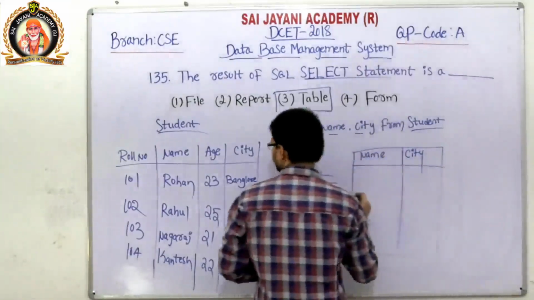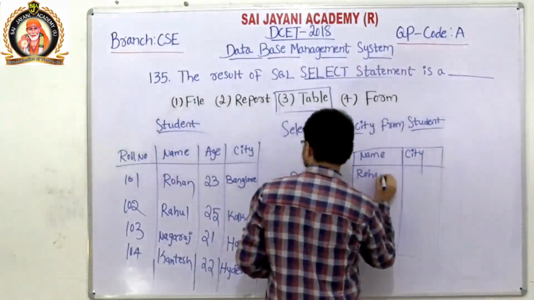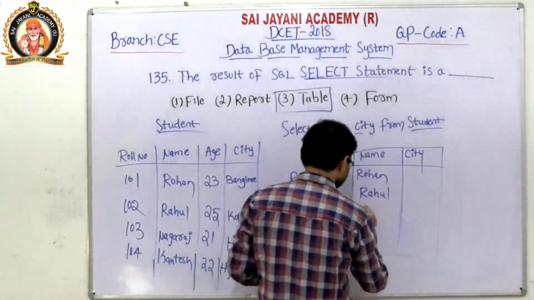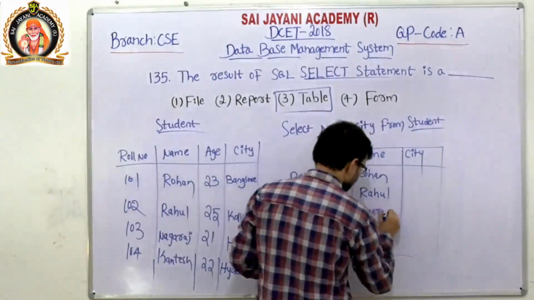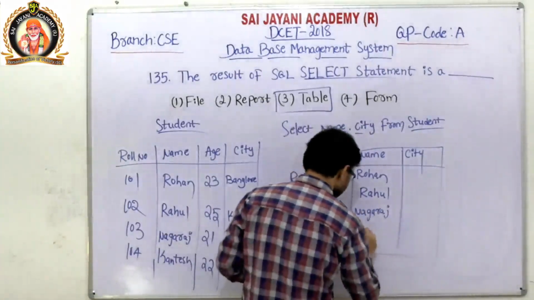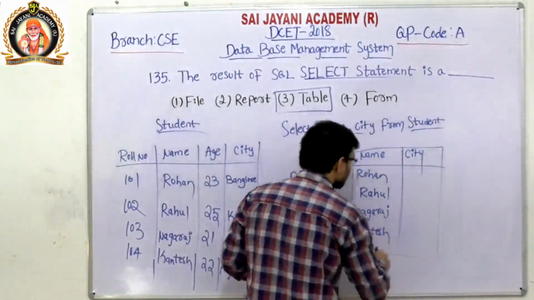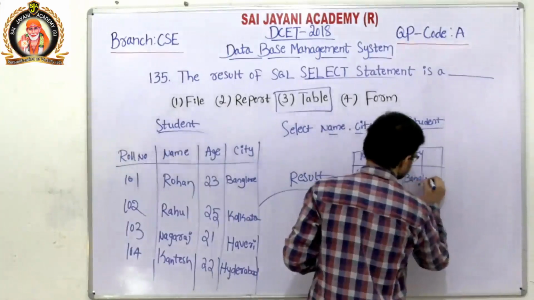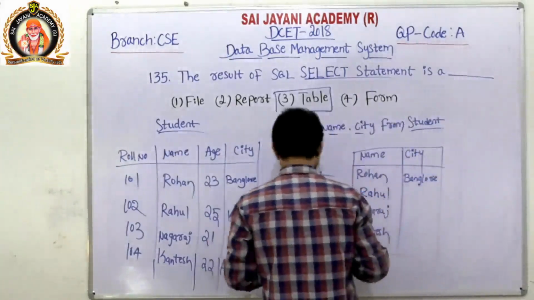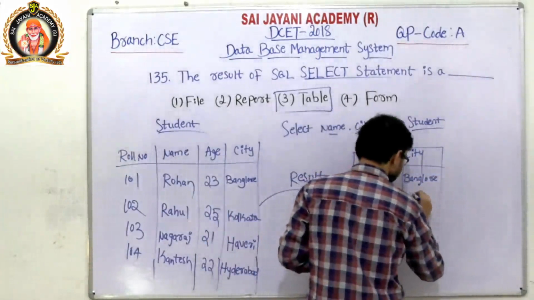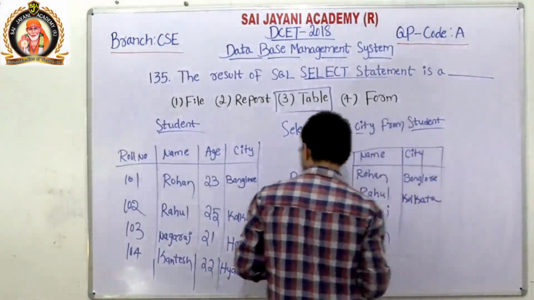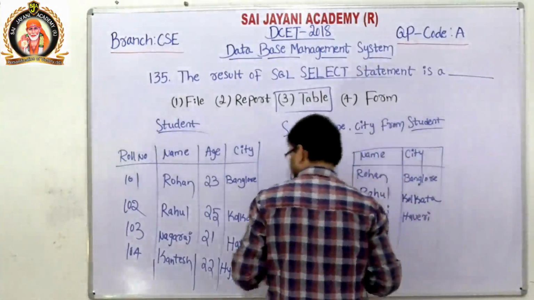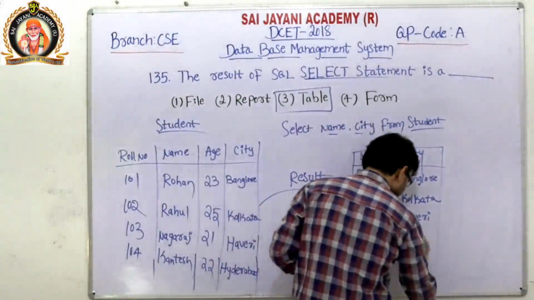For name we have Rohan, Rahul, Nagraj, and Kantesh. For Rohan the city is Bangalore, for Rahul Kolkata, for Nagraj Haveri, and for Kantesh the city is Hyderabad.